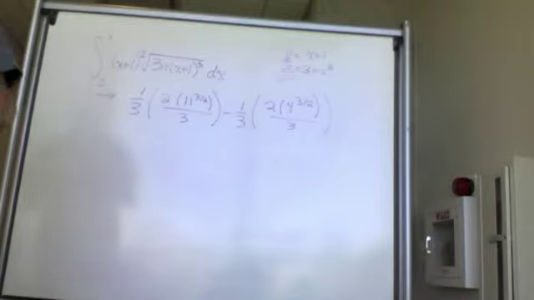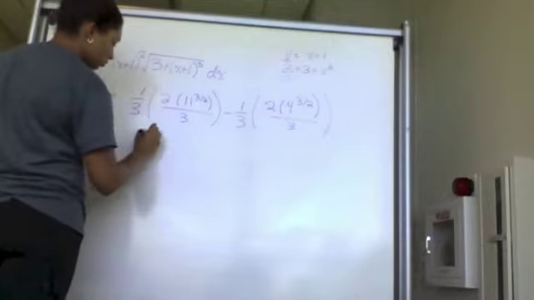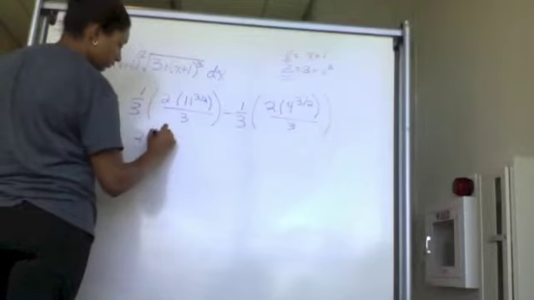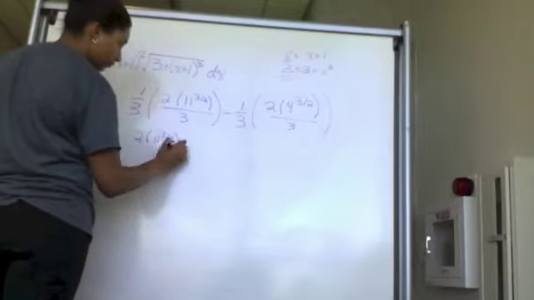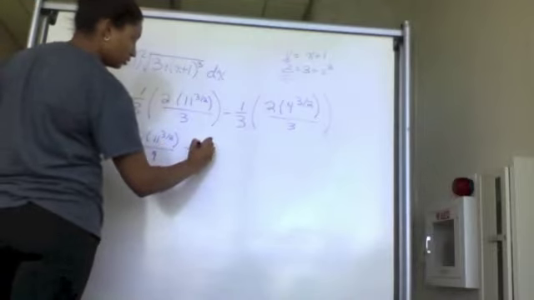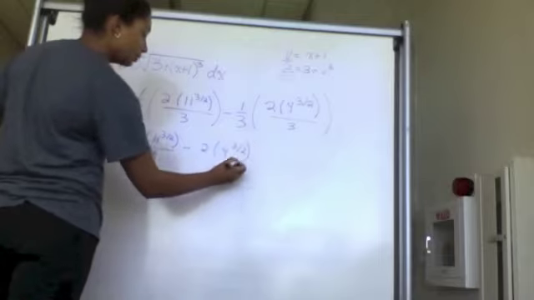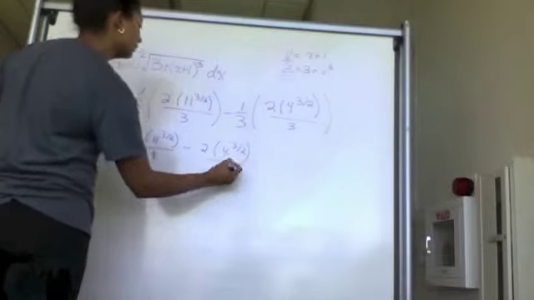And so first I'm going to multiply the 1/3 in so we can have everything over 9. So 2 times 11 to the 3/2 power over 9 minus 2 times 4 to the 3/2 power over 9.